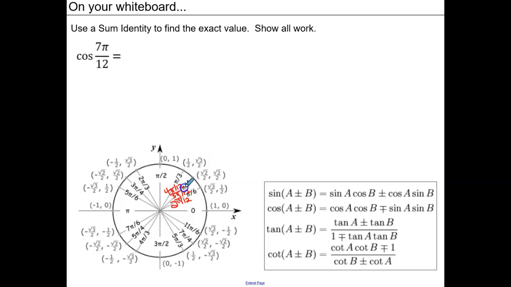And we were looking for two special angles that would add to 7 pi over 12. Since 3 plus 4 is 7, we're going to use those two angles, 4 pi over 12 and 3 pi over 12. So we can rewrite the cosine of 7 pi over 12 as the cosine of the quantity 4 pi over 12 plus 3 pi over 12.